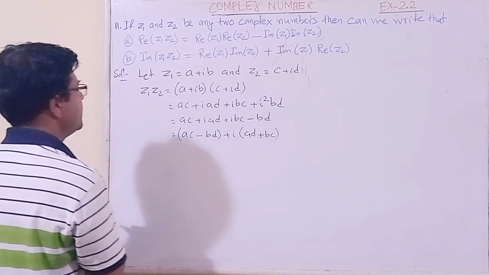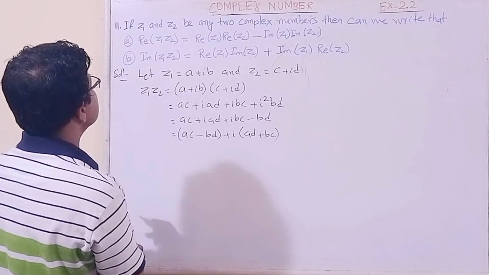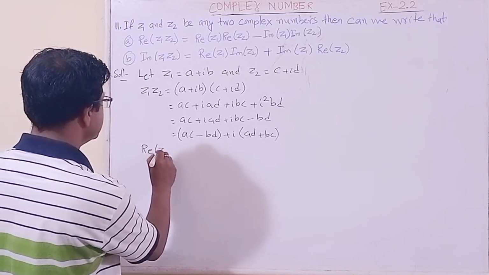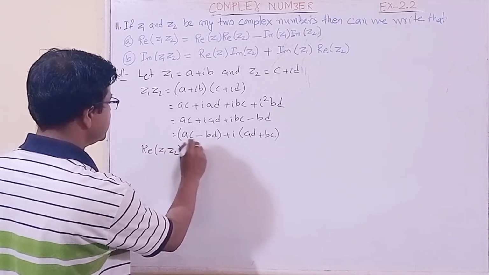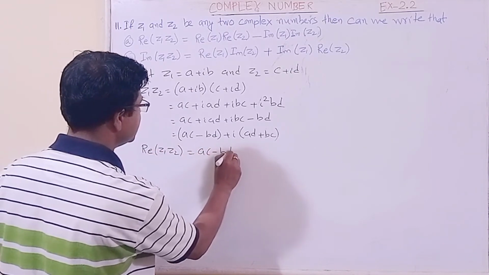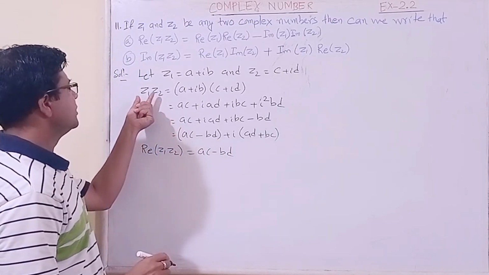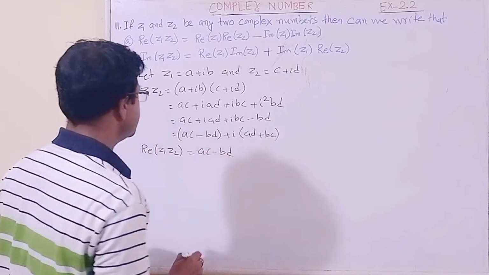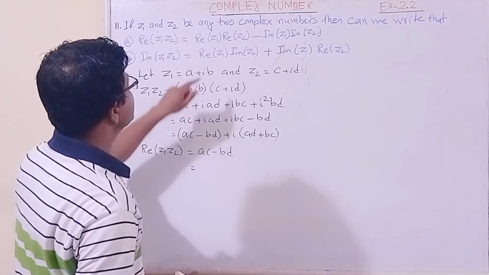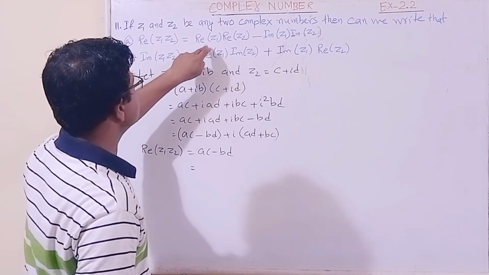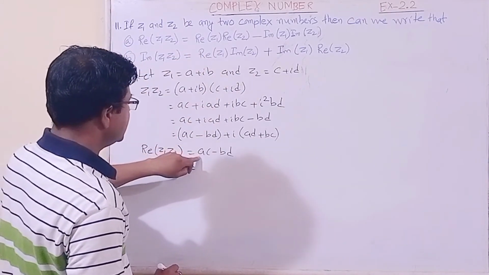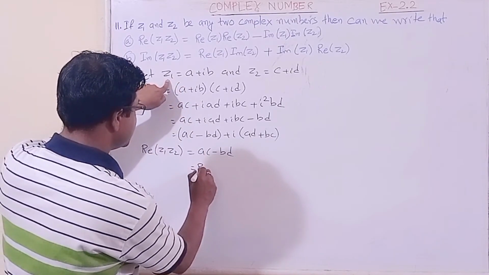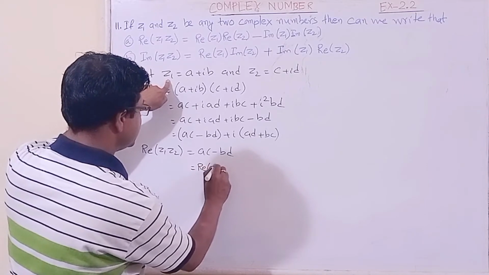Now what is the real part of Z1 Z2? It is ac minus bd. This is the product of two complex numbers; the real part is this, the imaginary part is this. Now we have to check, can we write this? a is the real part of Z1, so we can write real part of Z1, that is a.